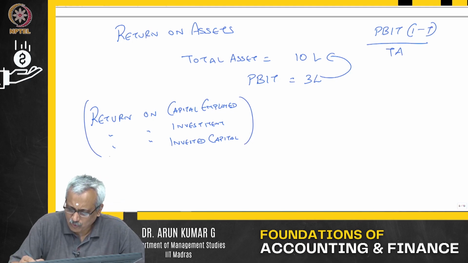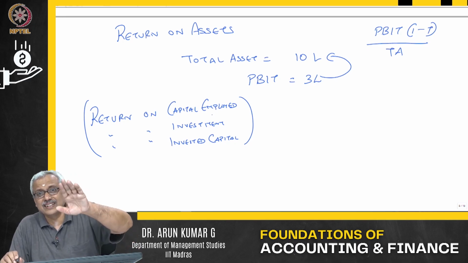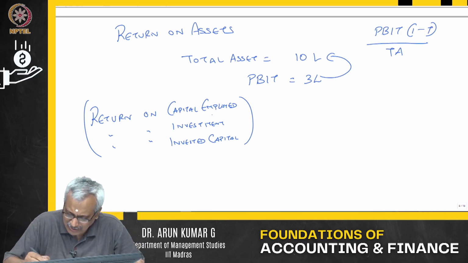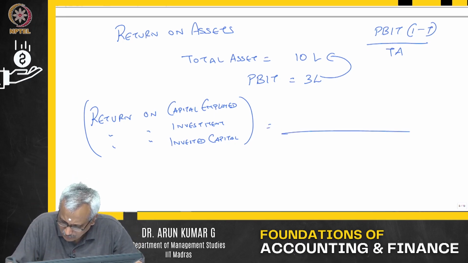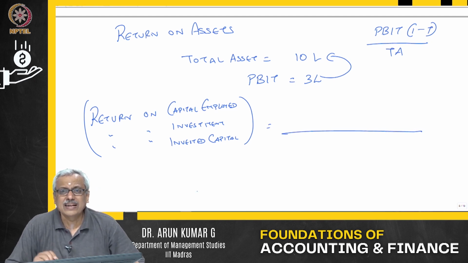Now let us define what that is. They will say return on the capital. Now let us define the denominator. What is the denominator? The denominator is the capital.